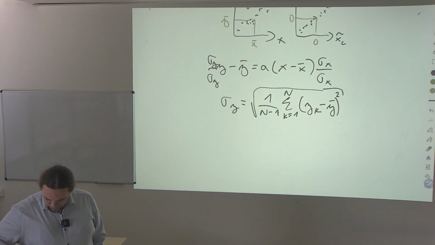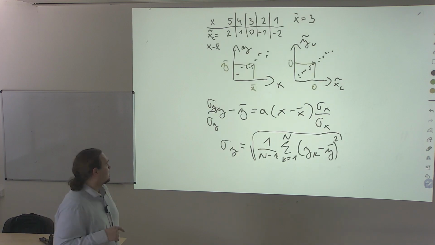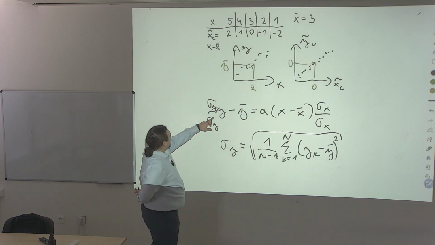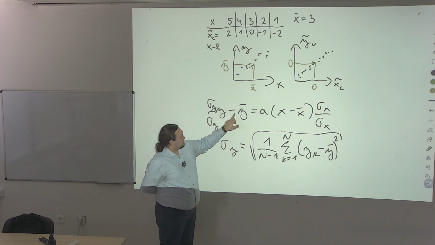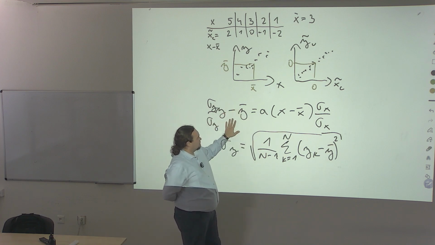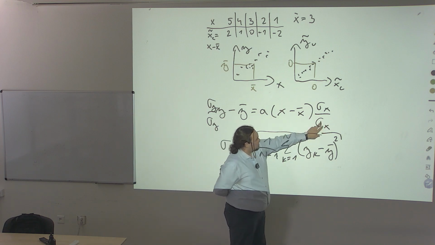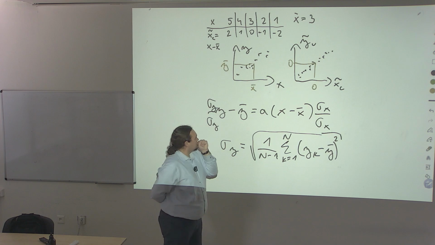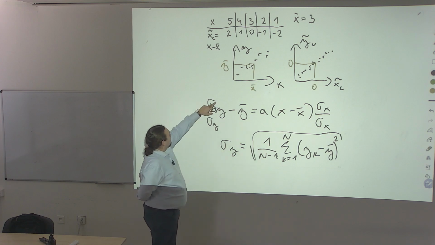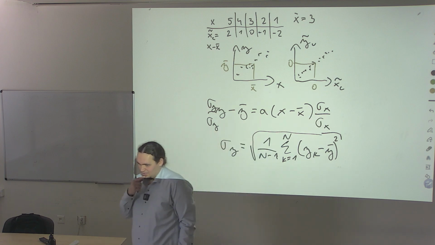Okay, and let's then do some kind of shuffling. We keep the sigma y's as the denominators on the left-hand side and in this bracket here with the sigma x, and we divide by sigma y and divide by sigma x.